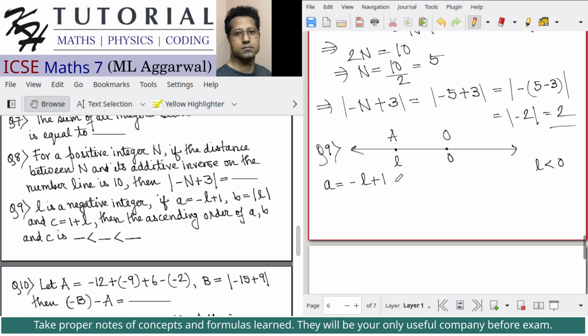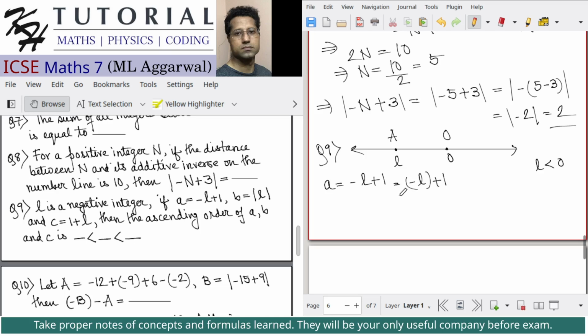We are trying to figure out what will be the position on the number line of the integers a, b and c, based on the given fact that a is equal to minus L plus 1, b is equal to absolute value of L, and c is equal to 1 plus L, where L is a negative integer.